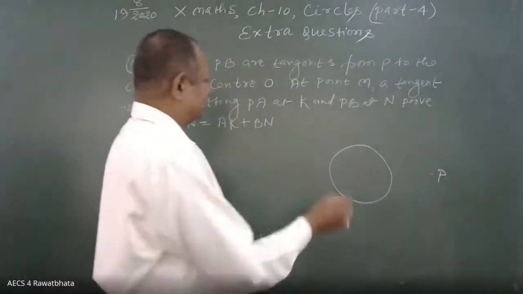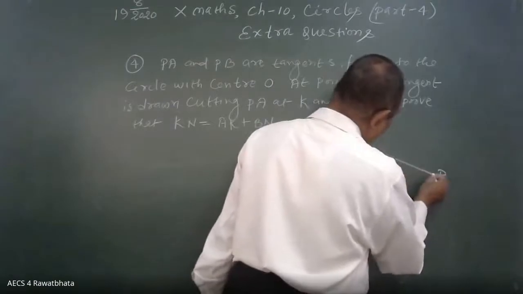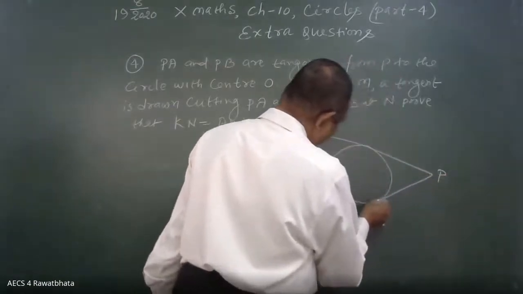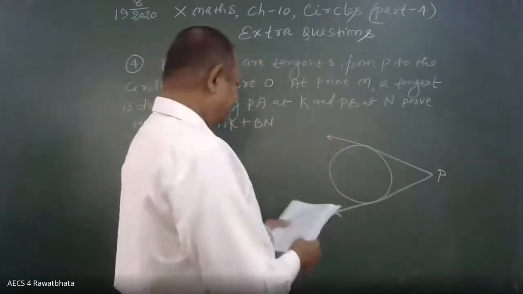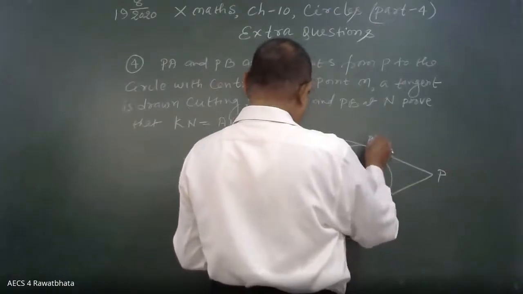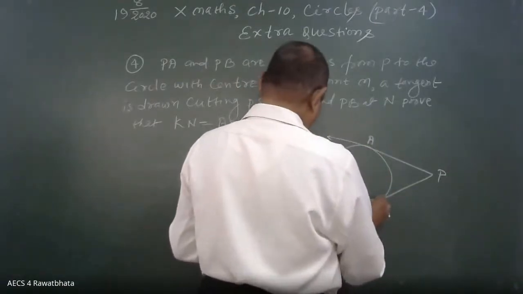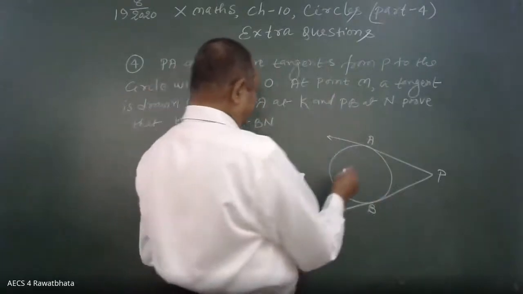Right, 2 tangents. So these are 2 tangents from this external point, and the points of contact are A and B. One more tangent is drawn.